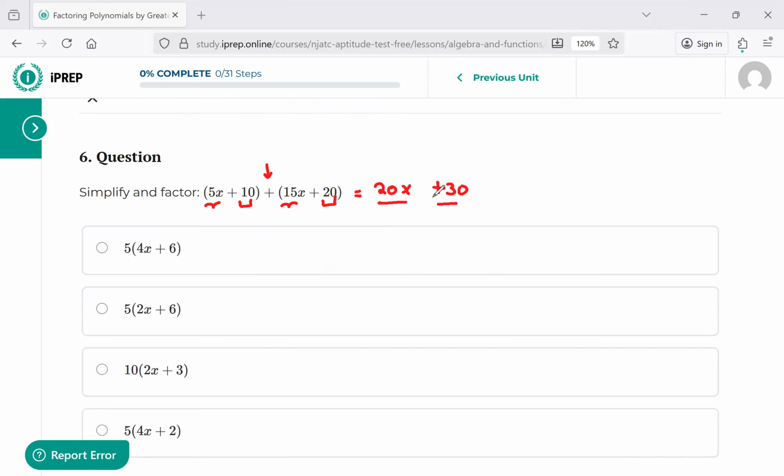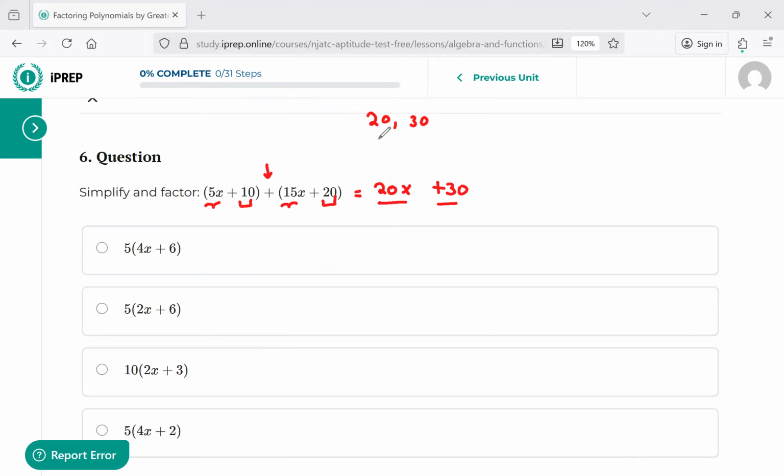So we have two terms. Can we take out any x's, any variables? No, because this one has one x and this has no x's, so we can't take out any x's. What about our constants? We have 20 and 30. Can you come up with a number that they're both divisible by, the largest number?